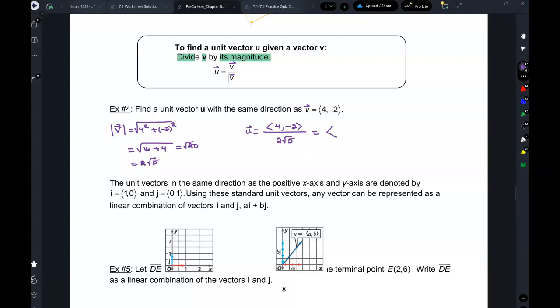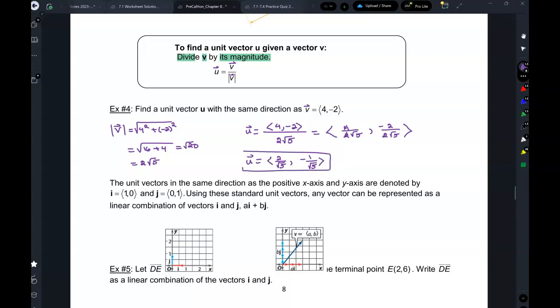So that's basically going to be the first over 2 root 5, comma, the second over 2 root 5. So u is going to be, cancel that, <2 over root 5, negative 1 over root 5>.